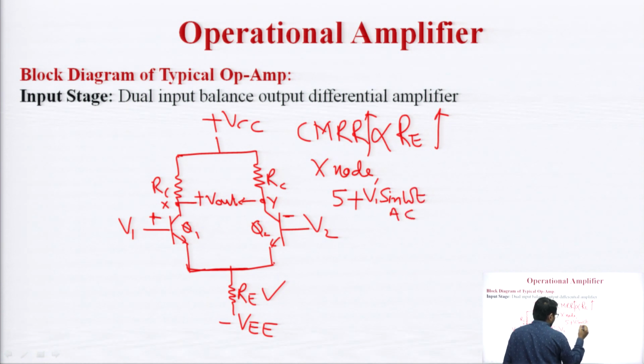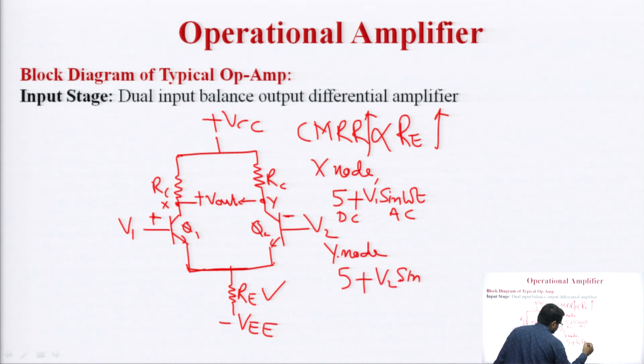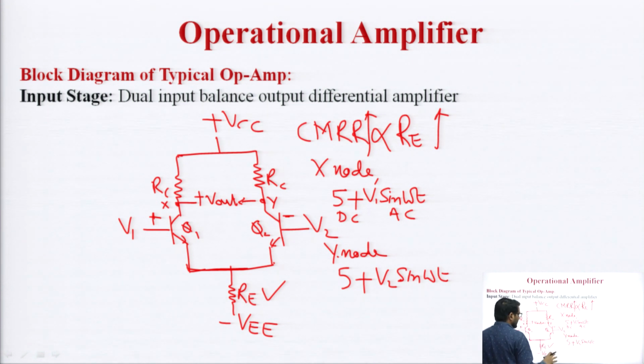This is the AC, and this one DC. In a similar fashion, the Y node also has 5 DC volts and V2 sin omega t. So, both nodes have two voltage components, DC and AC.